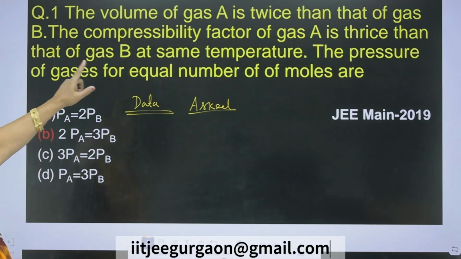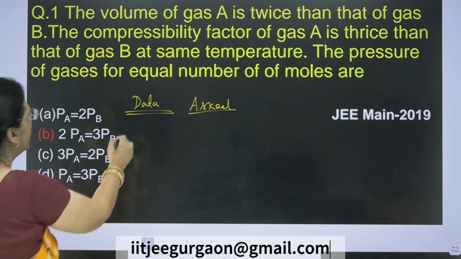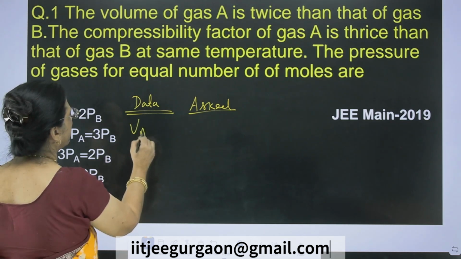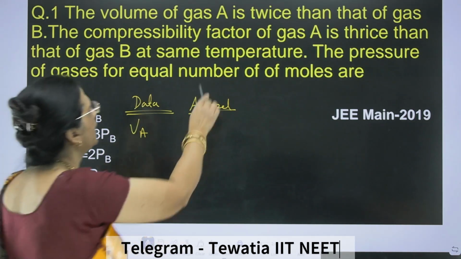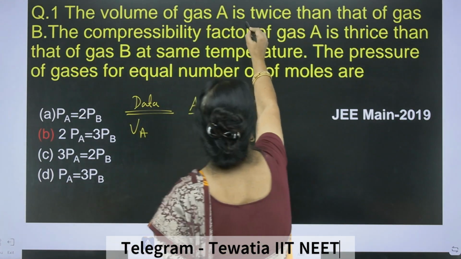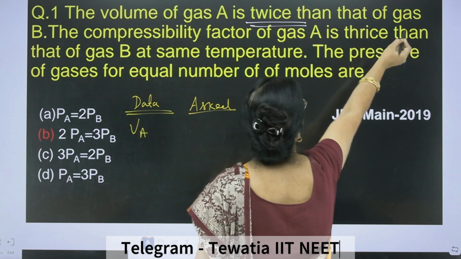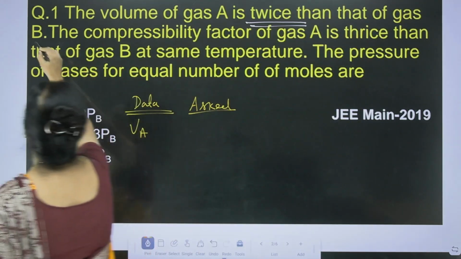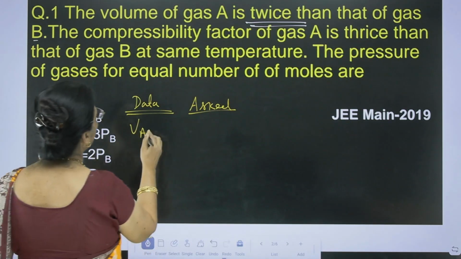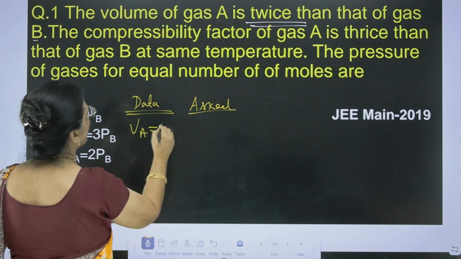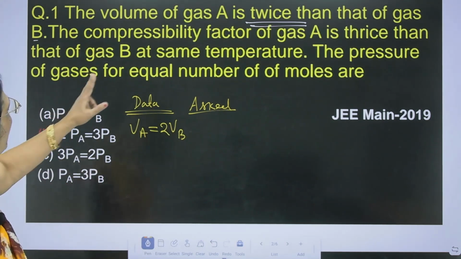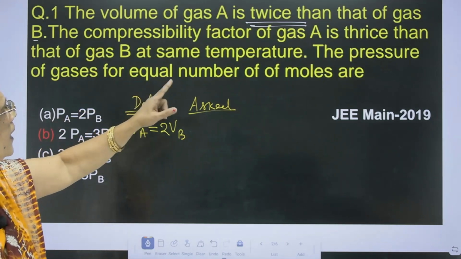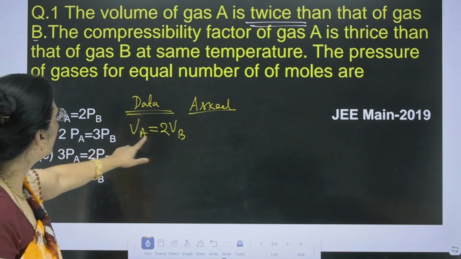Let us see. The volume of gas A, let it be VA, is twice that of gas B, volume VB. That means VA = 2VB.